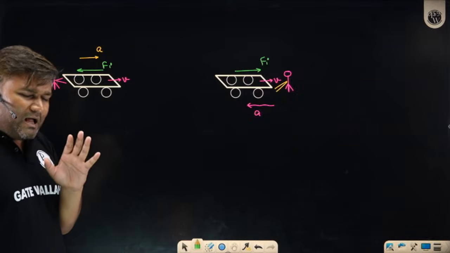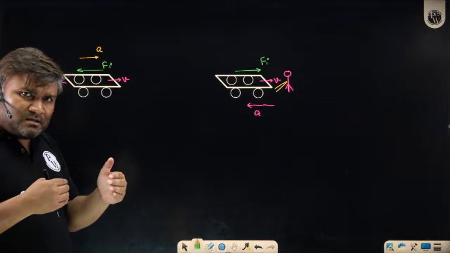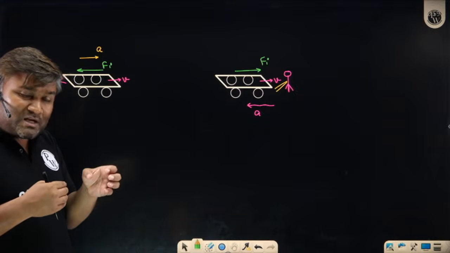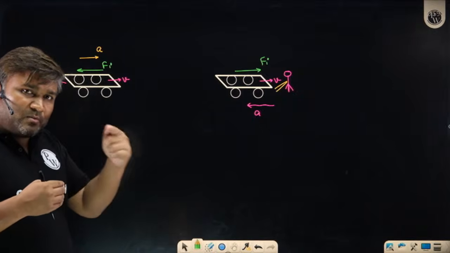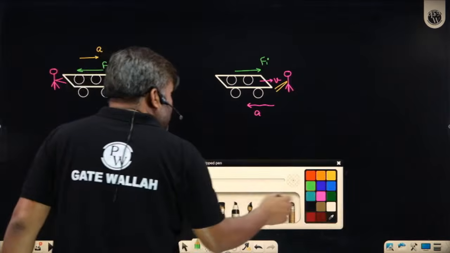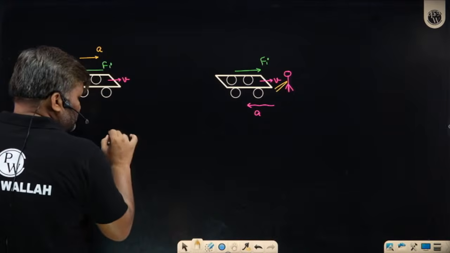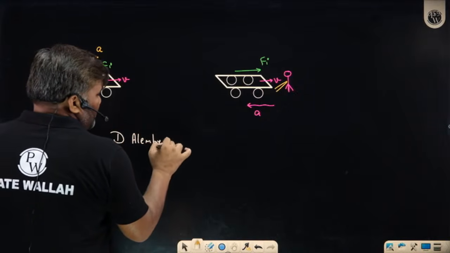Once you have added all the forces and also the inertia force, opposite to the acceleration direction, the summation of all forces acting on the body becomes zero. This is your D'Alembert principle.